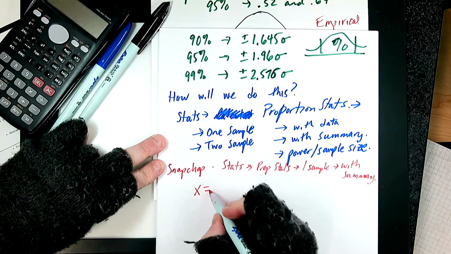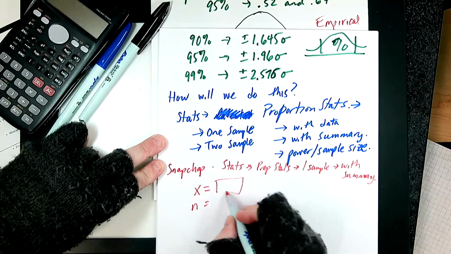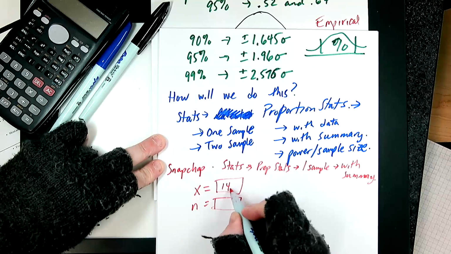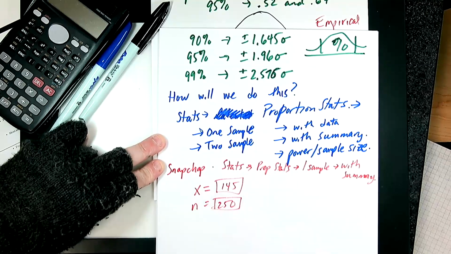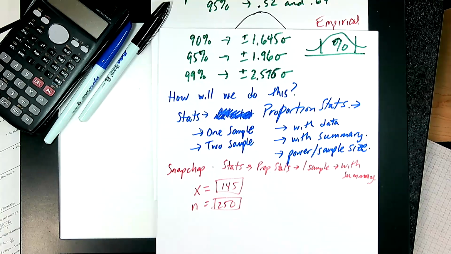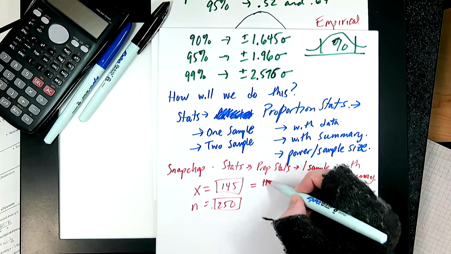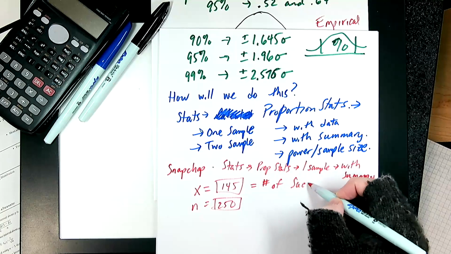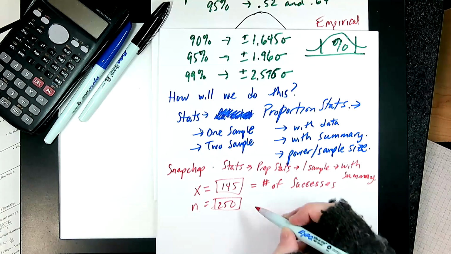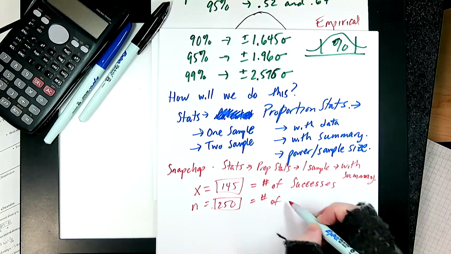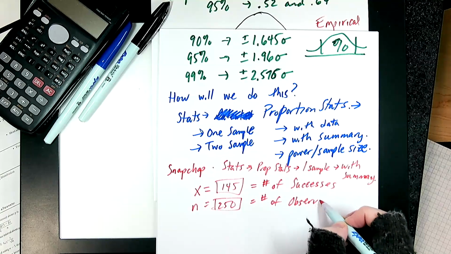It asked me for X, it asked me for N. It had a field for both. 145, 250. They actually called this number of successes, and this was number of observations. That's what StatCrunch actually says.